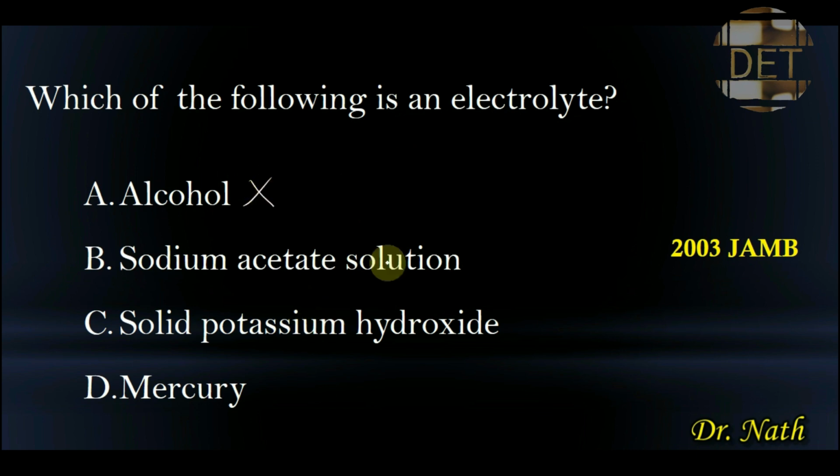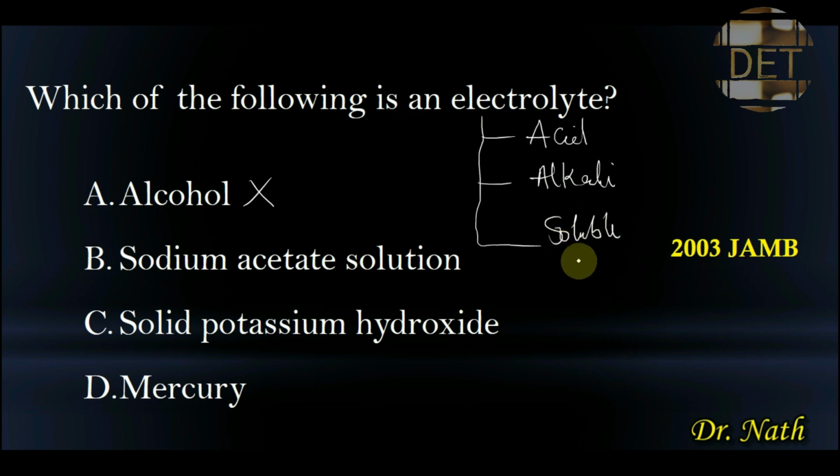Before we look at the others, like I said, electrolytes occur in three basic forms: as an acid, as an alkali, or as a soluble salt. So alcohol is a non-electrolyte. It does not conduct electricity and it will not be decomposed during electrolysis.